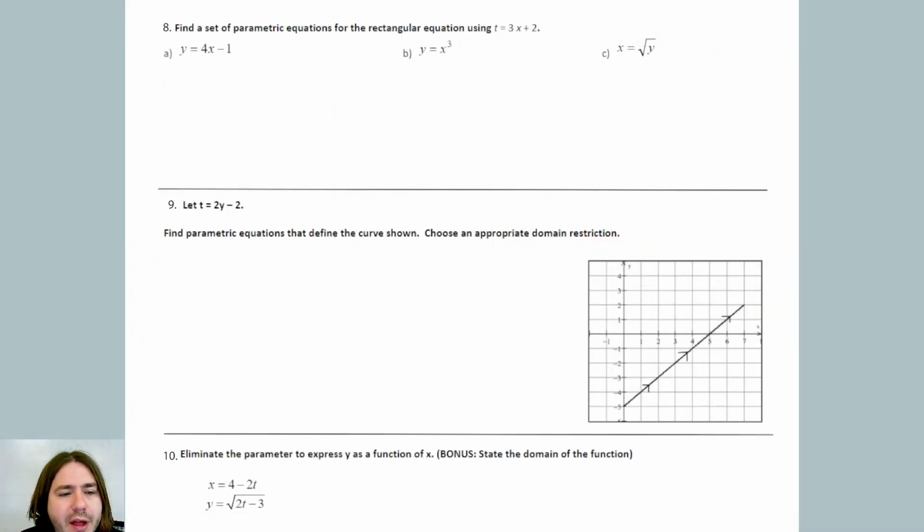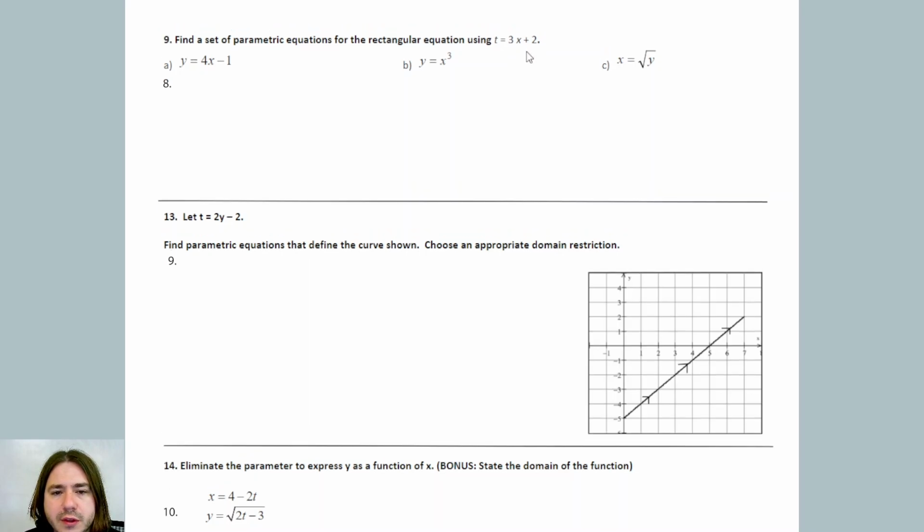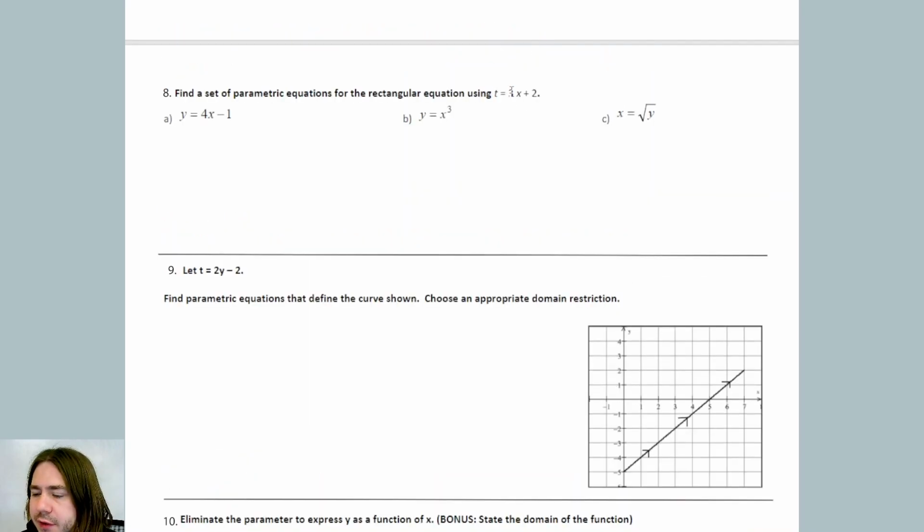All right, so for this number it says find a set of parametric equations using this defined parameter. What this parameter is going to do is give us the x equation for each one of these in terms of t. So what we need to do is rewrite this particular equation. I'm just going to retype it up here so you can see how I'm going to rearrange it.